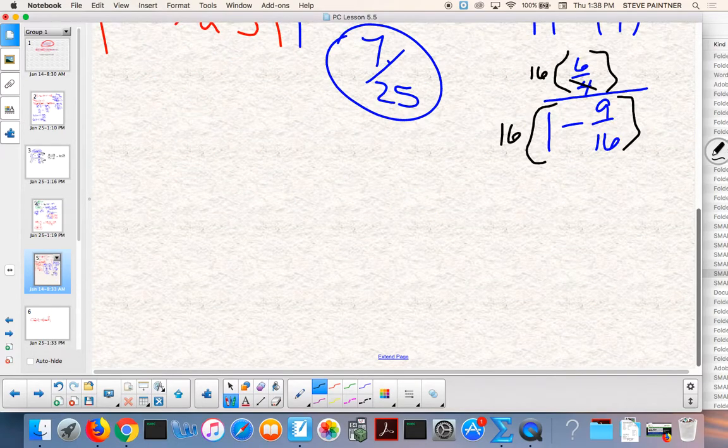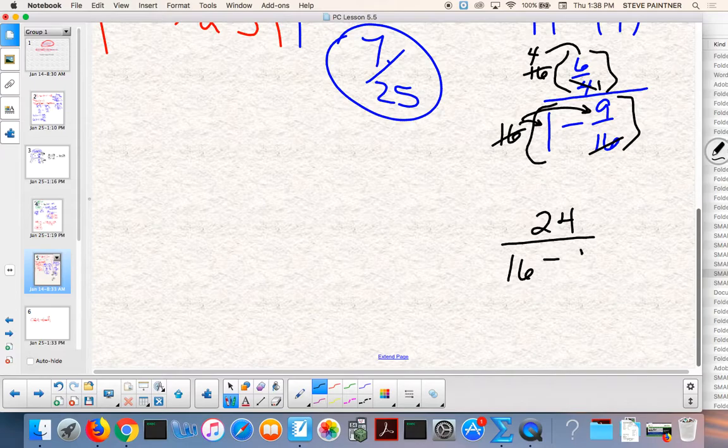This is going to go out once. 4 goes in here 4 times. 4 times 6? 24. 16 times 1? 16. 16 times 9 16ths, well, that 16 is out of that 16. It's minus 9. Final answer, 24 over 7.